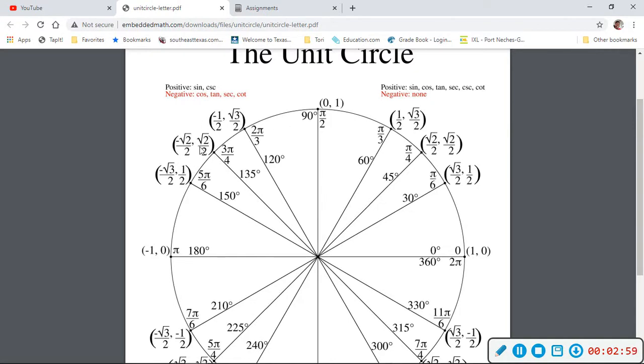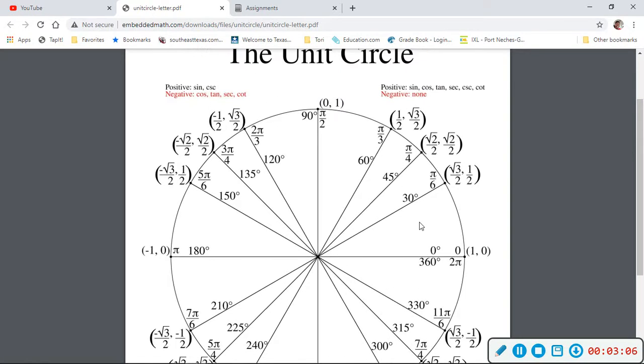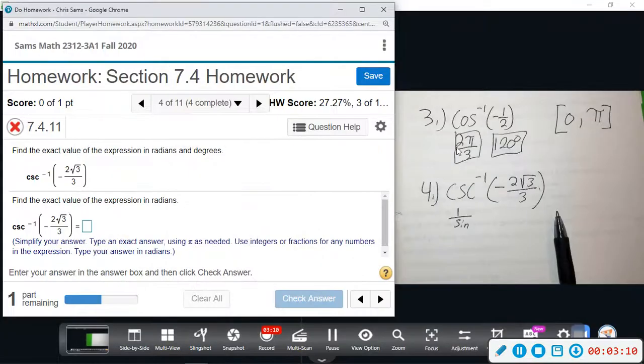You also have square root of 2 over 2, but all it does is flip-flop and change signs. Those are the only ones that show up. Since I noticed a square root of 3 and a 2 in this problem, I know my value for sine has to be square root of 3 over 2. It's just been flipped because of the reciprocal.